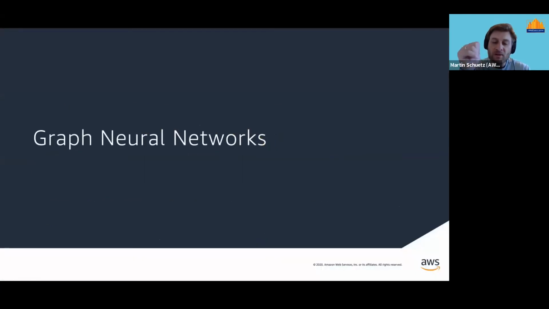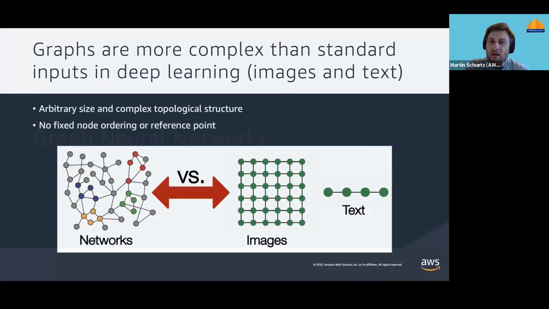Okay, so we talked about networks and graphs. We talked about combinatorial optimization problems and how to frame them as optimization problems on graphs. Let me now introduce a new tool that has emerged in the last few years in the context of deep learning, and this is graph neural networks.